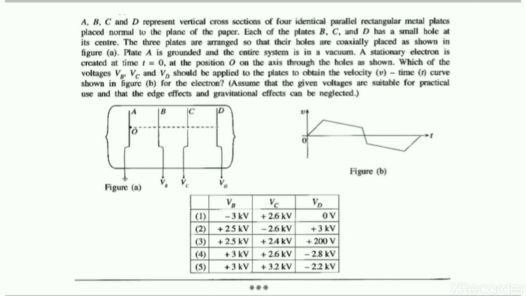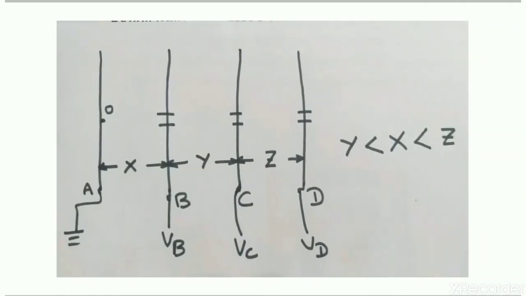So in the 4th and 5th answers, the VC will be 2.6 and 3.2. Imagine if VC is lower than VB, what will happen? The electrons will have a more difficult situation to pass from B to C. Imagine if VC is 3.2 and VB is 3, there is a voltage difference having the highest voltage on the C plate.